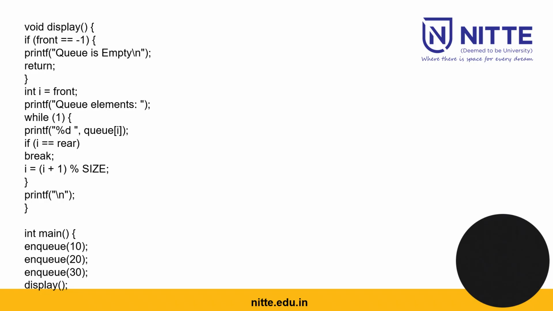If I is equals to rear, that means if I value is rear, then what we have to do? We have to break. That means we have to stop. Once it reaches the rear, all elements have been printed, because from front we start by incrementing it by I plus plus, then we will reach the rear, and when I equals rear, that means we have to stop the printing.